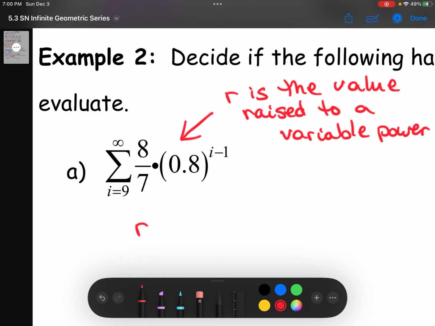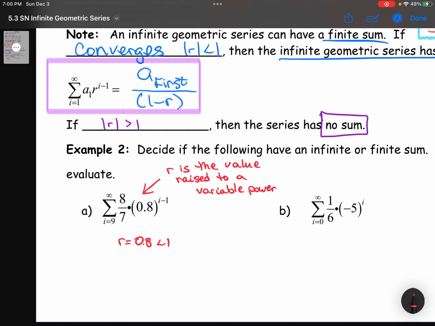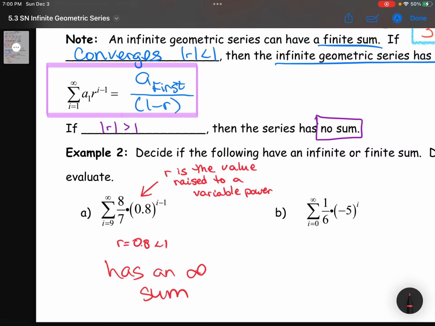So, in example A, r is 0.8, which is less than 1. So this series will have a sum.